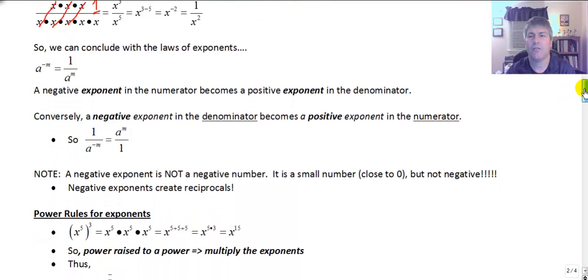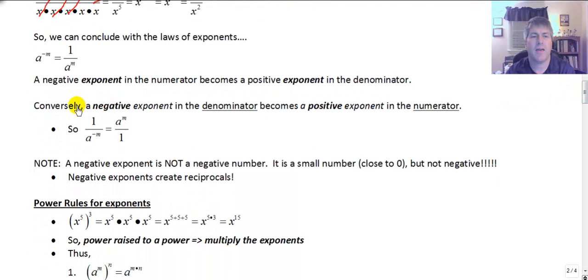And the converse of that is true. The opposite of that is true. A negative exponent in the denominator becomes a positive exponent in the numerator. So if we have 1 over a to the negative m, it becomes a to the m over 1. Notice here that a negative exponent is not a negative number.